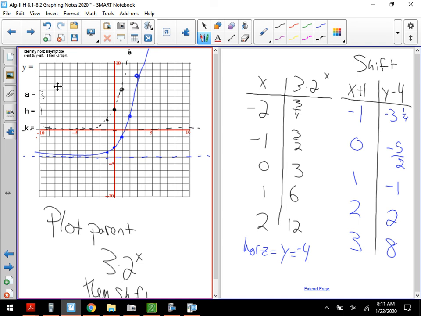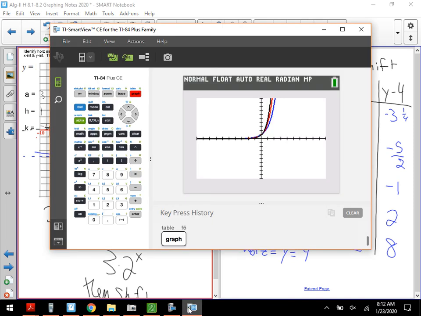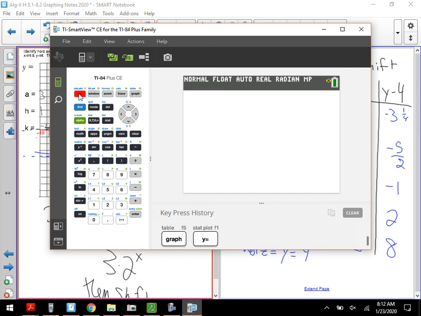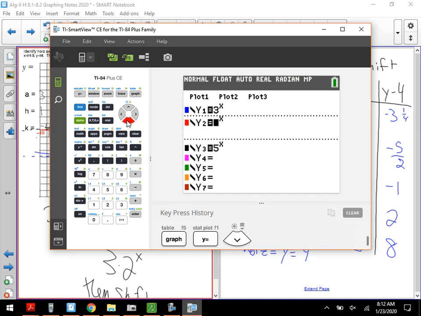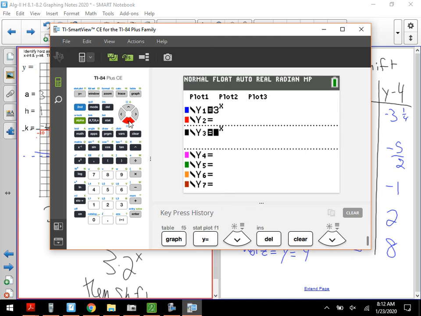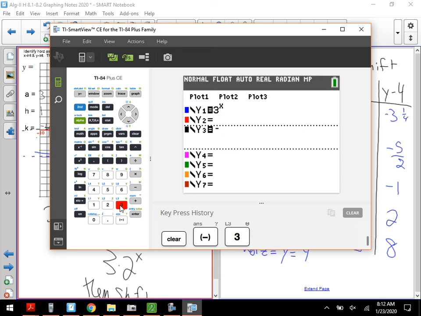The only difference with that one, do you have your calculators out still? Do me a favor, go back to your calculator real quick. Were you guys okay that these were exponential growth values, correct? Because your b value was greater than 1. So real fast, just go to your y equals, back out the 4 and the 5, and just do a negative 3 to the x.